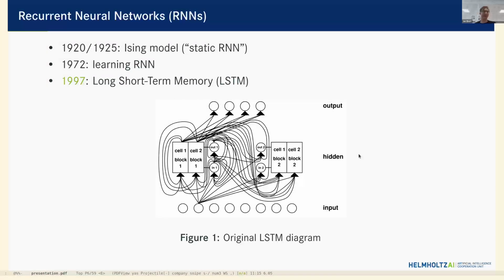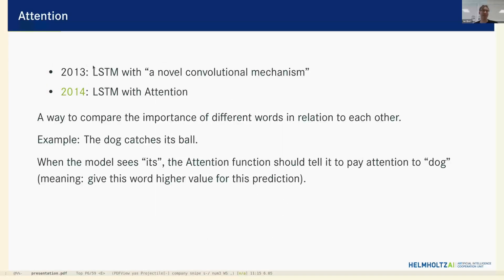This first happened in 2013, when a paper was published that combined an LSTM with a novel convolutional mechanism. This was a blueprint for what was to come, because in 2014, the attention function was developed. And attention is what makes language models work.